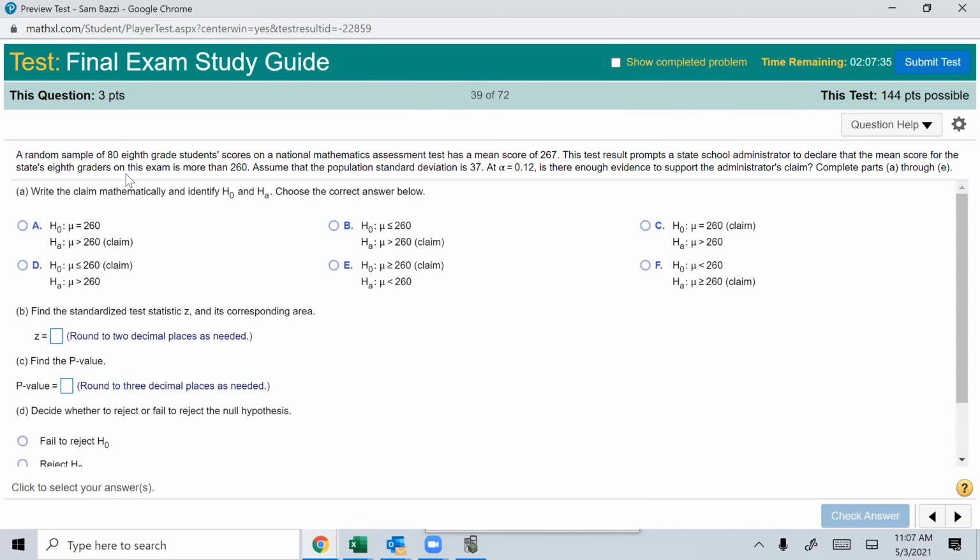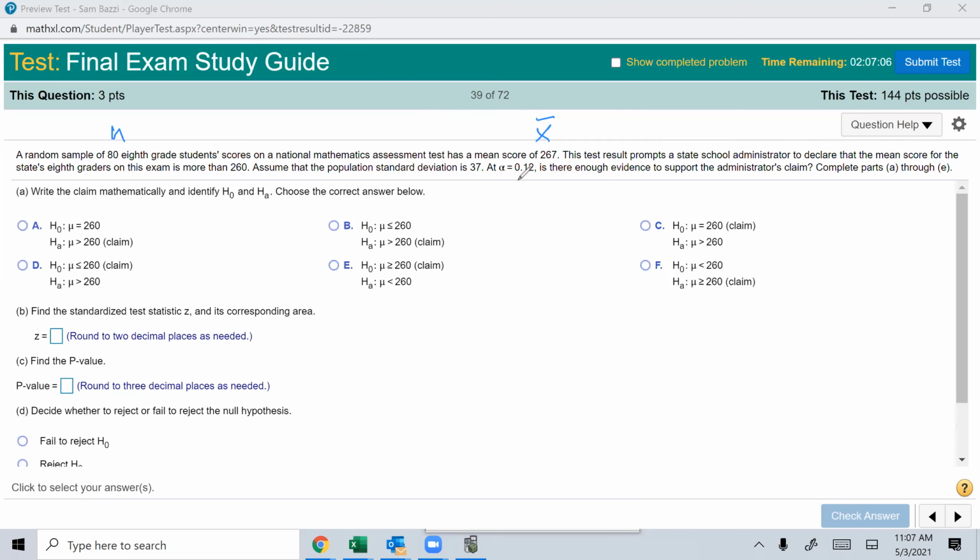A random sample of 80 8th grade students' scores on a national mathematics assessment test has a mean of 267. So let's see what we have here. N is 80. The mean, X bar, is 267. The test results prompt a state school administration to declare that the mean score for the state's 8th graders on the exam is more than 260.